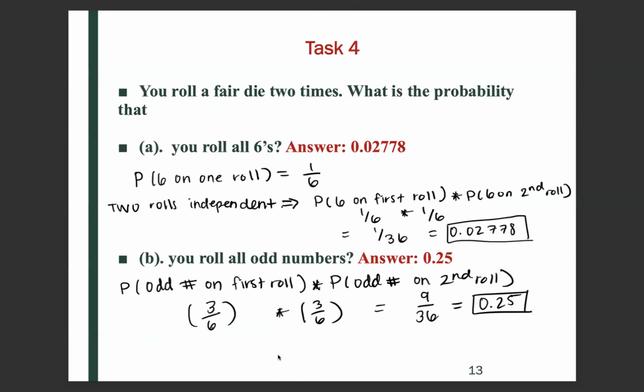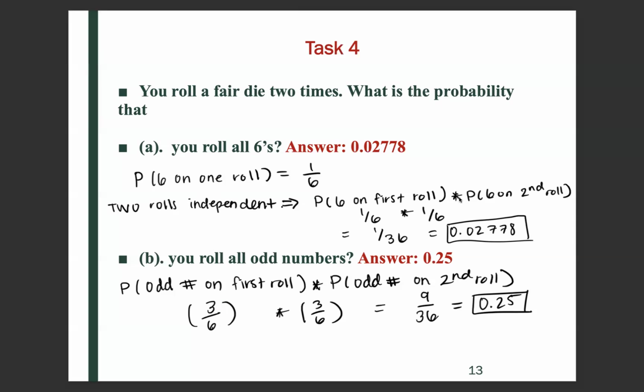Task 4. You roll a fair die 2 times. What is the probability that you roll all sixes? The probability that you roll a 6 on one roll would be 1 out of 6, because we have a total of 6 faces and only one of those faces is a 6. That's for one roll, but we're rolling a die 2 times, and each roll is independent of the other.